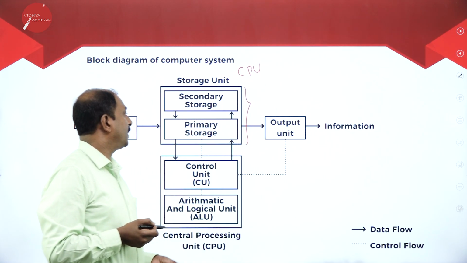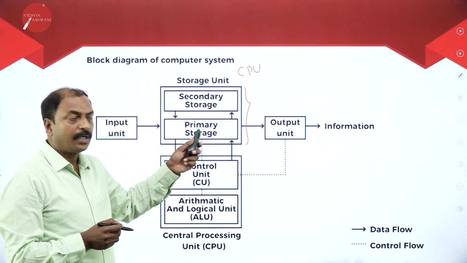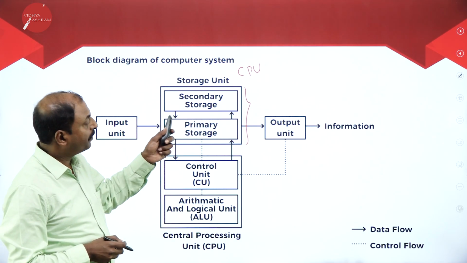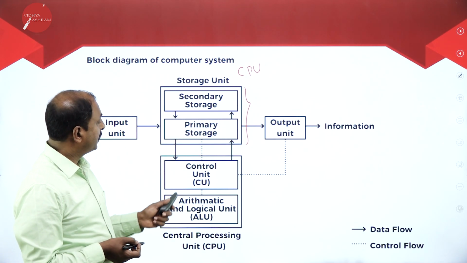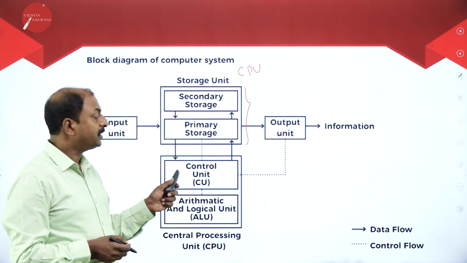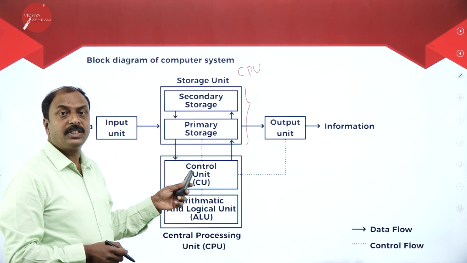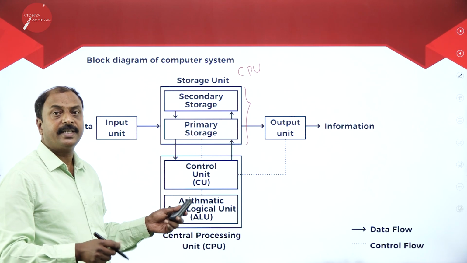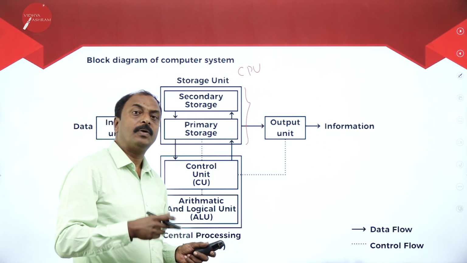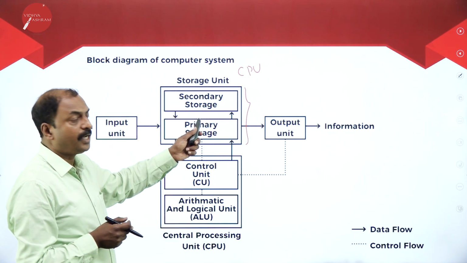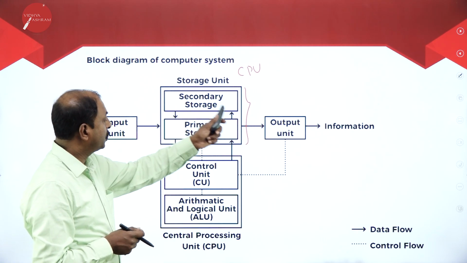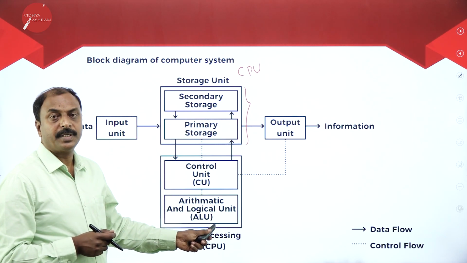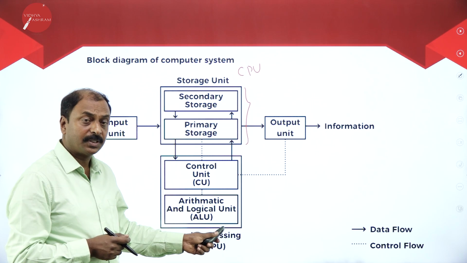Once the data is stored in the computer memory along with instructions, the control unit sends information in the form of a signal to the memory to transfer the data to the ALU, that is the arithmetic and logic unit, for processing.